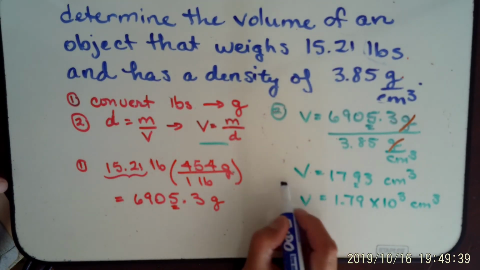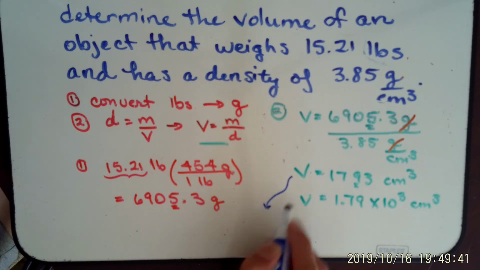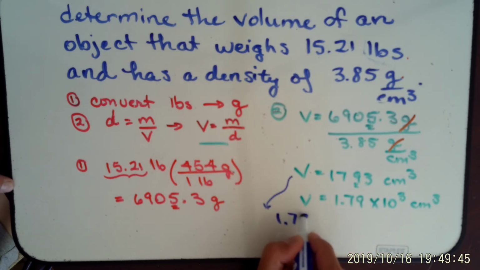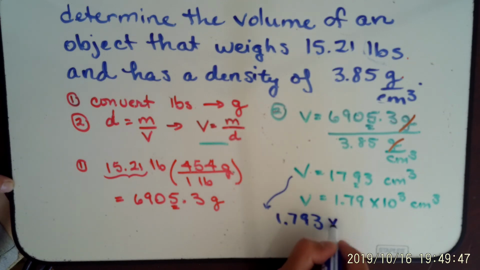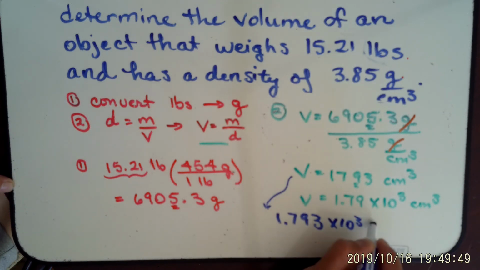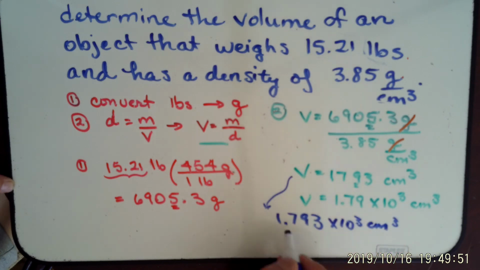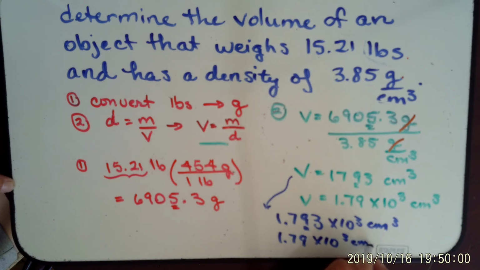I move this to 1.793 times 10 to the third, and we know it should be 3 significant figures. Now you get 1.79 times 10 to the third cubic centimeters. So when you do this, just take it one step at a time in terms of scientific notation and rounding. Okay, and that's density.